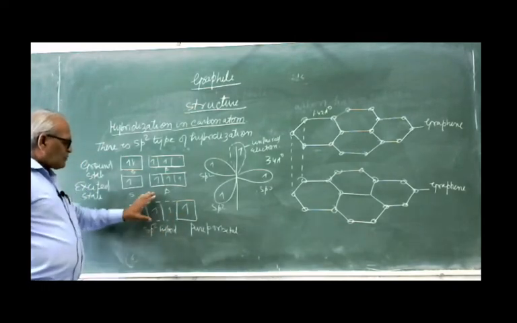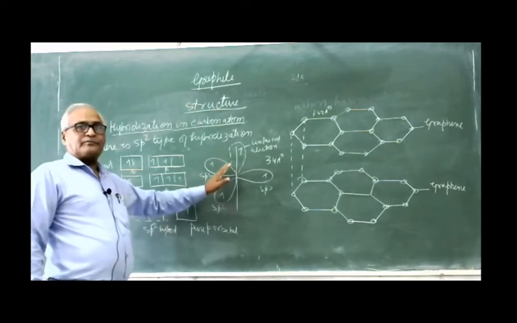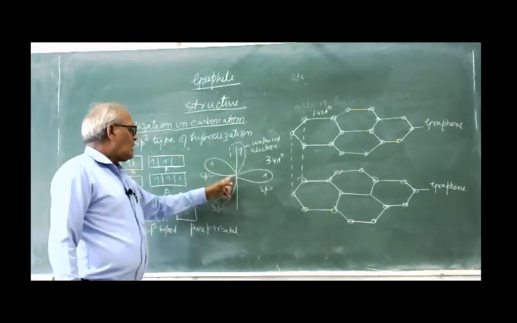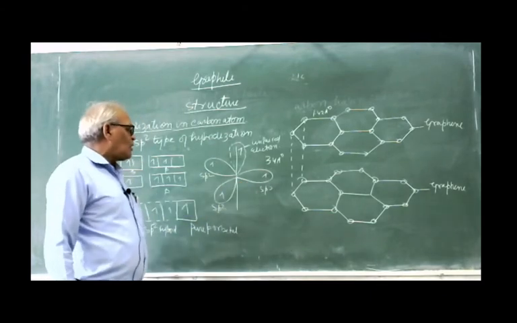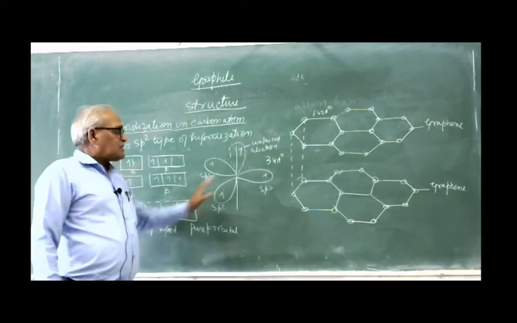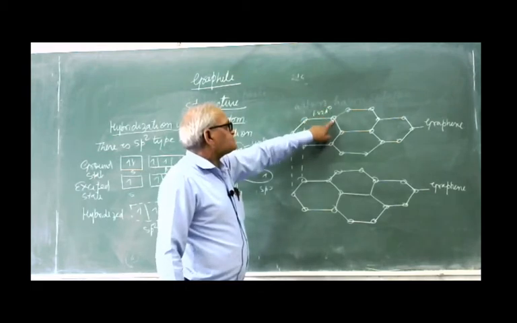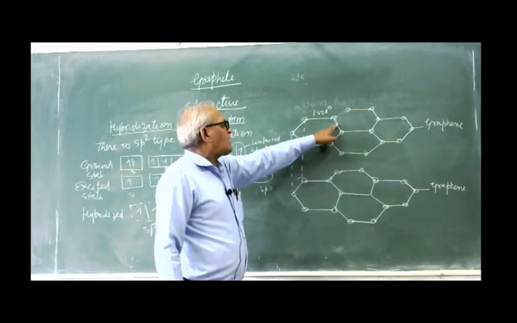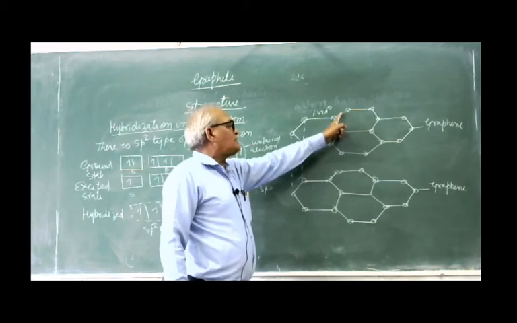The arrangement of the sp2 hybrid orbitals is trigonal. This is the arrangement. This is the hybrid orbital, carbon atom, hybrid orbital, and hybrid orbital. So all three hybrid orbitals contain one electron. Just see here, this is the carbon atom. It has one sp2 hybrid orbital, second sp2 hybrid orbital, and third sp2 hybrid orbital.